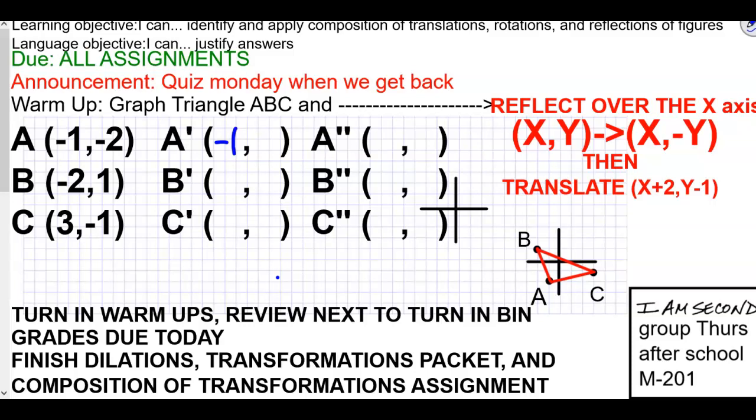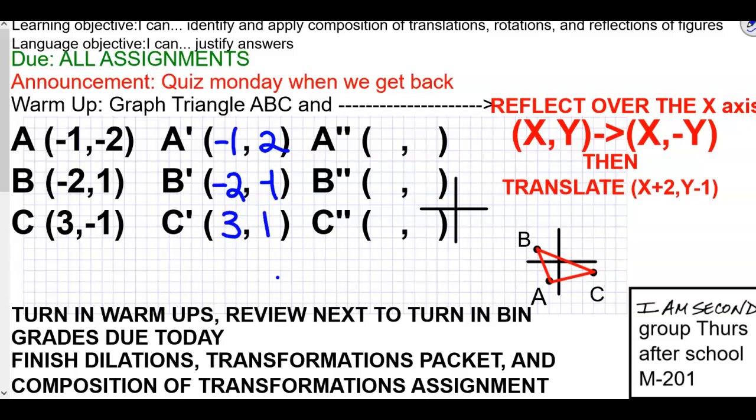What's the new number? +2. You're just changing the sign. It was negative, now it's positive. Keep doing that with all of those. -2 stays the same. 1, change the sign, -1. C, keep the 3, -1 becomes a 1.